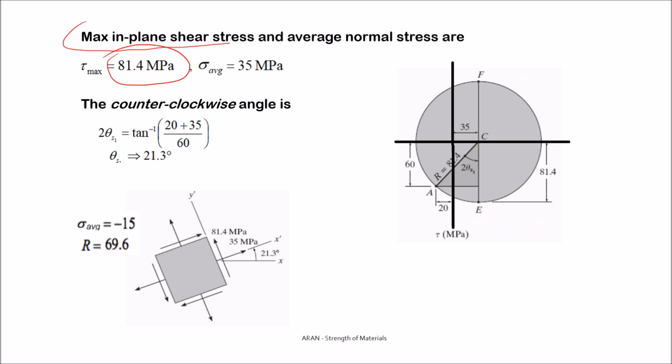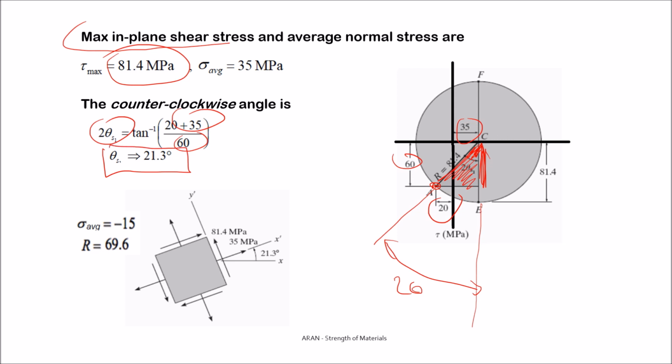It means that I need the angle between my reference plane, that's point A, and E, that's 2 theta. I can use this triangle. So this angle is 2 theta and tangent of it is 20 plus 35 divided by 60, by this length gives you 2 theta, and you can find that theta is 21.3.